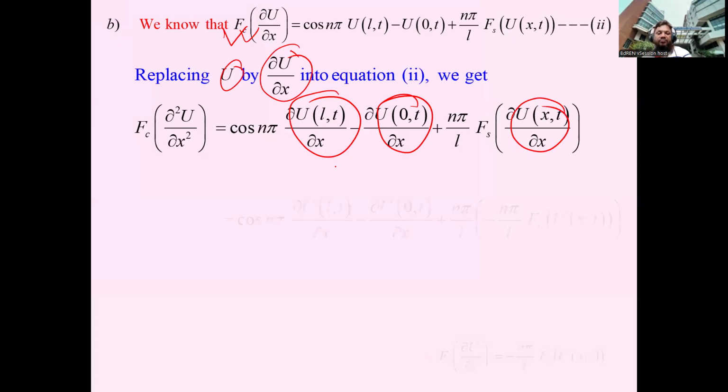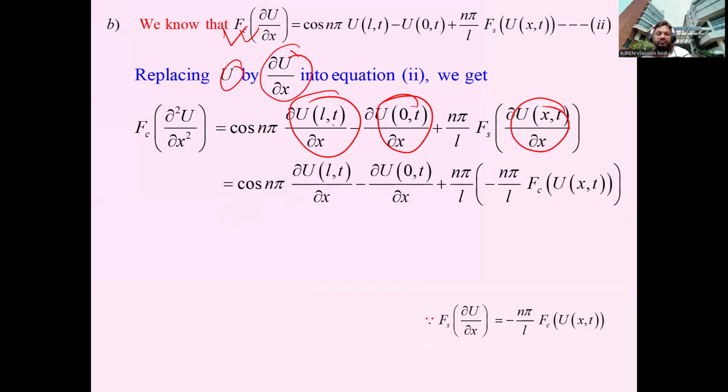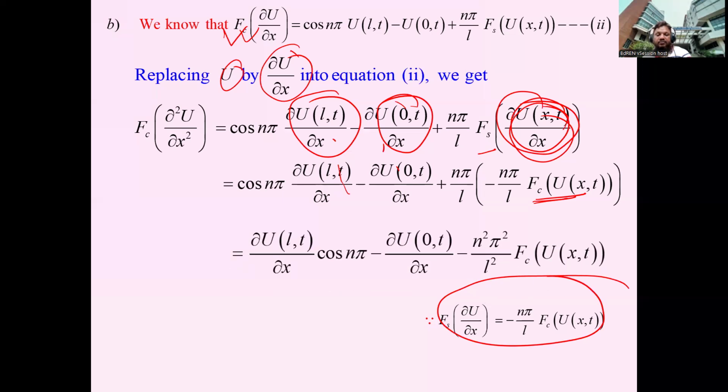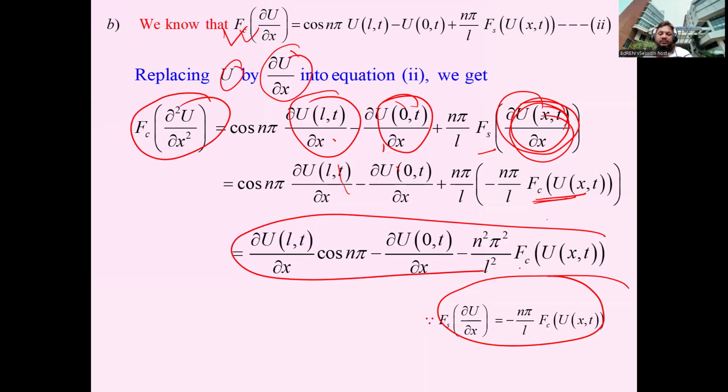The cos part will be the same, only we have to find the value. Just put the value of del u del x. Fourier sine transform of del u del x is minus n pi by L Fc of u of x. Already we have shown it in the previous identity. So the Fourier cosine transform of del square will be this identity.